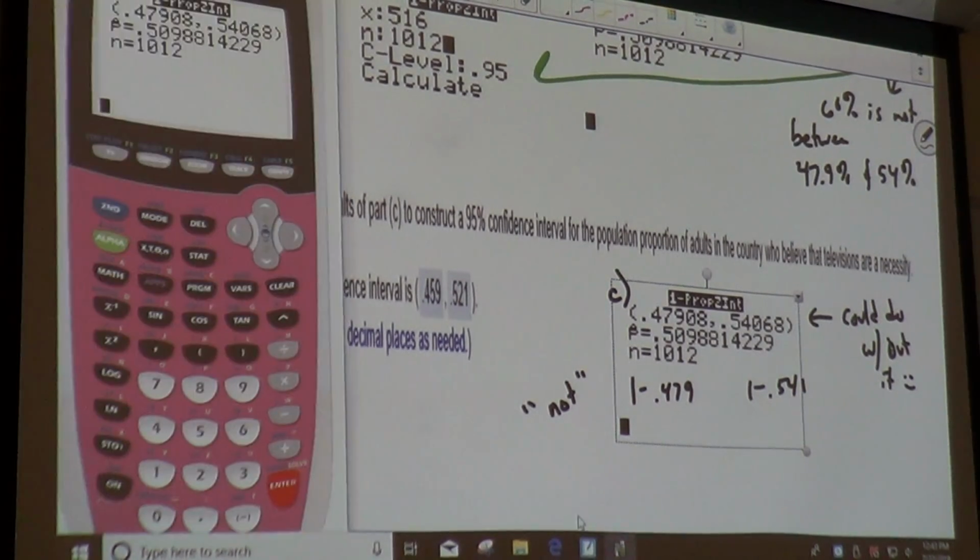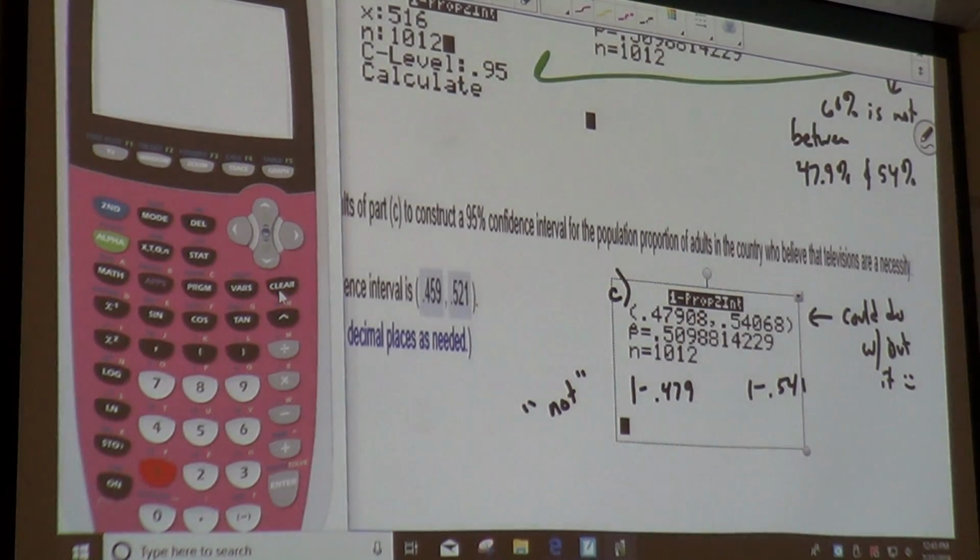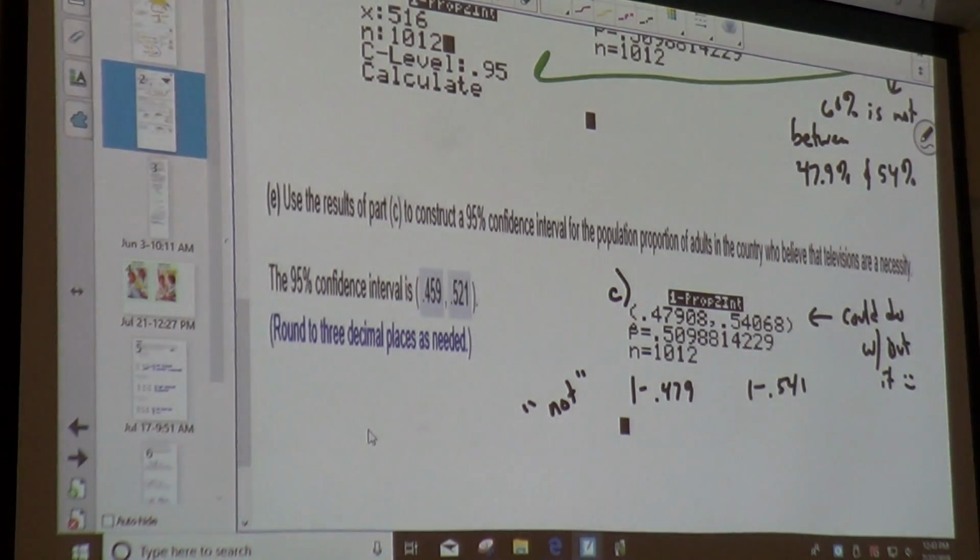So in my calculator, 1 minus 0.479, 1 minus 0.541, maybe not. The calculator's frozen. I'll do it over here. 1 minus 0.541 is 0.459, and this is 0.521, and we always put it in ascending order from least to greatest.